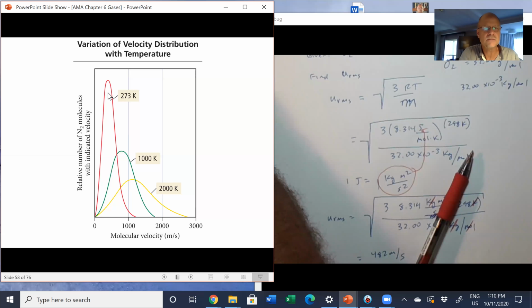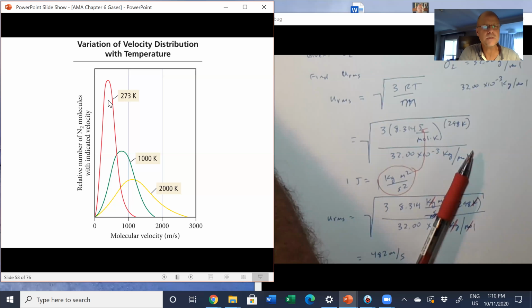As you take a gas like nitrogen at 273, standard temperature, you see that it has a distribution like this. This is the number of molecules, and this is their velocity. A lot of the molecules have velocity close to this. Some of them are moving a little bit slower, some a little bit faster, but you see this distribution of velocities.